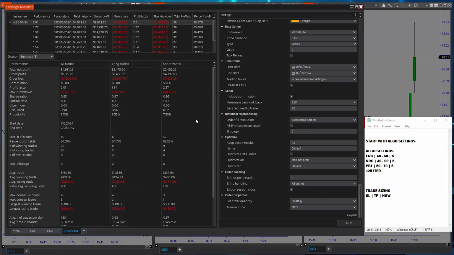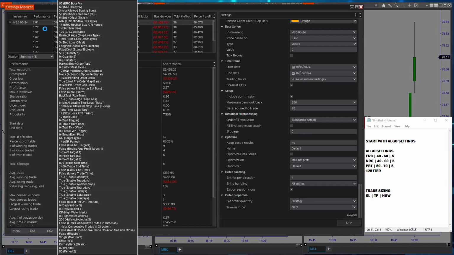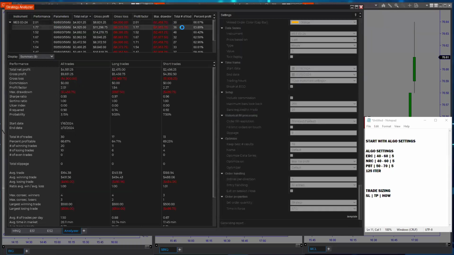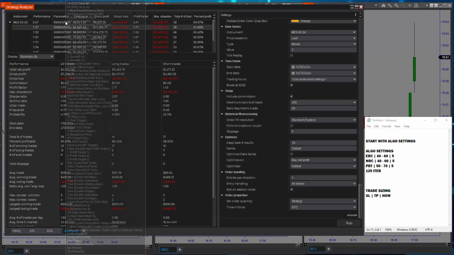So the next thing I like to look at is not getting too dialed into, well, this was the best one. Well, how do we know? You've got to look at how many trades there are and what's the difference between this and this. 55 versus 60 was the only difference. It was about the same. You got more trades, still profitable, but maybe had an extra stop out.